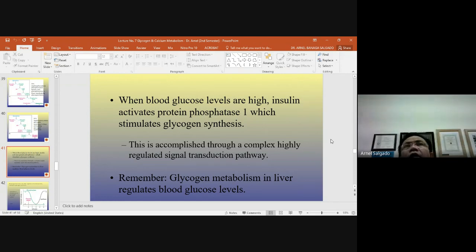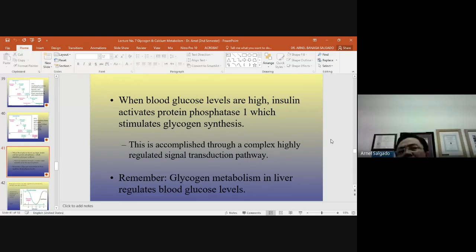Now, let's see the opposite. You have not eaten for 3 days. Therefore, the level of glucose in the blood goes down. We also need protein phosphatase 1 to activate glycogenolysis. Take note of that. So that the glycogen from the liver and the muscles will produce glucose 6-phosphate using the process called glycogenolysis.